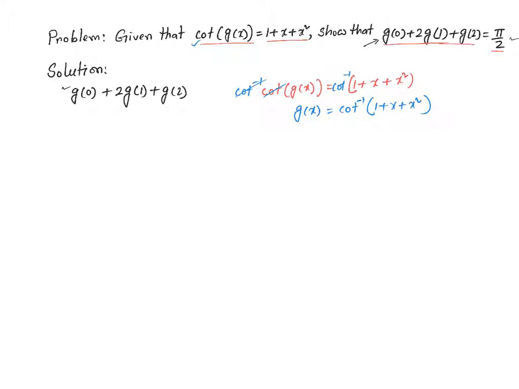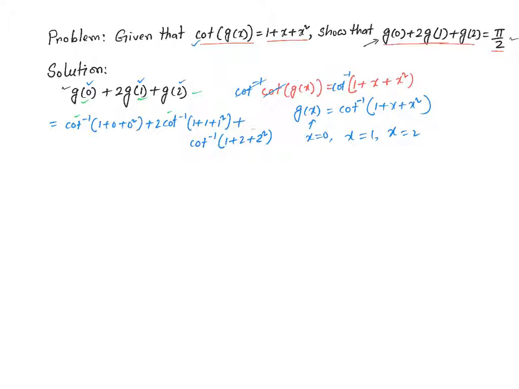Now if I plug in the values x equal to 0, x equal to 1 and x equal to 2, then we are going to get g of 0, g of 1 and g of 2. If we do that, we get the following here. As you can see, g of 0 is this, g of 1 is this, and g of 2 is this. Now I'm going to simplify it.